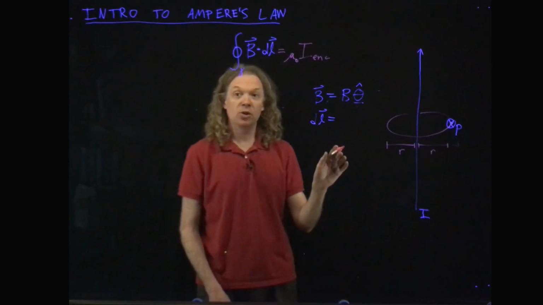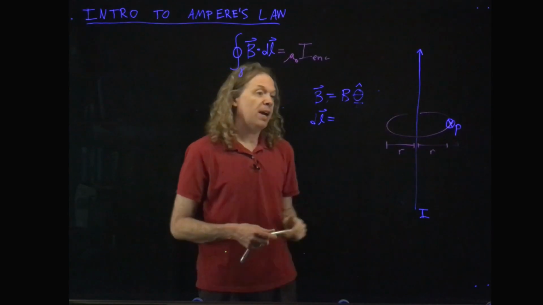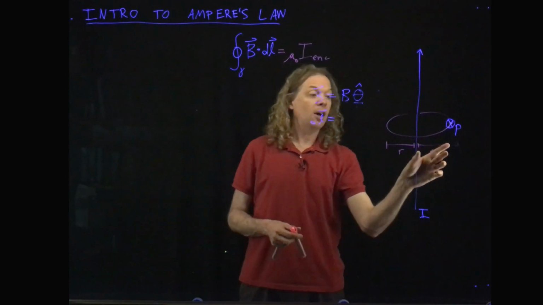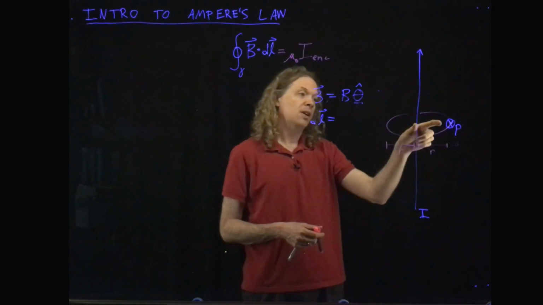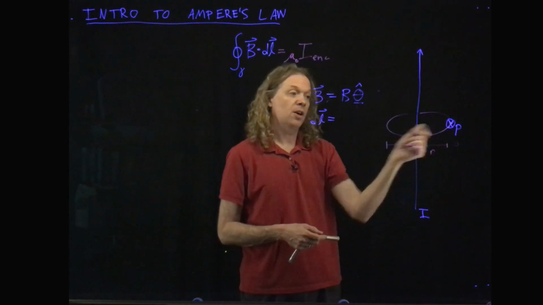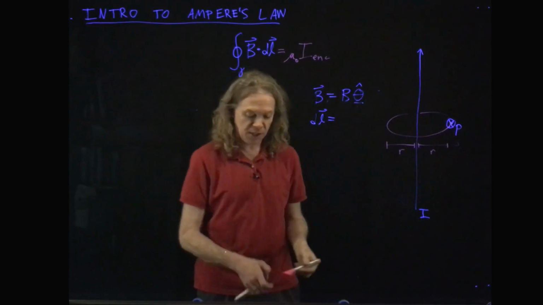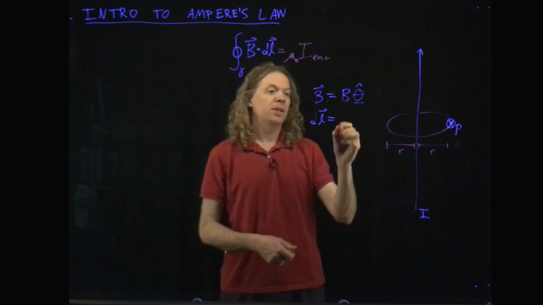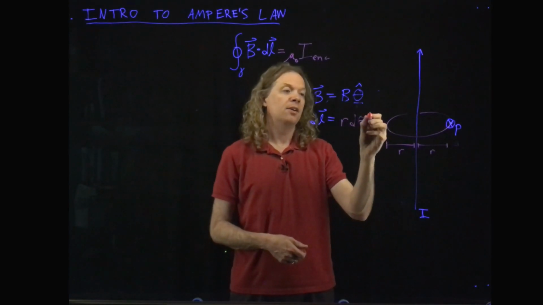That's called the Amperian loop in the same way that the surfaces are called Gaussian surfaces. I'm going to keep a constant distance r, so this dl doesn't have any r dependence because the integration isn't going to be in the r direction. The integration is only going to be in the theta direction, so we need a theta integral here. The theta integration element is going to be r d theta in the theta hat direction.